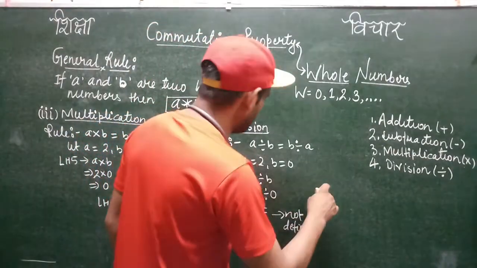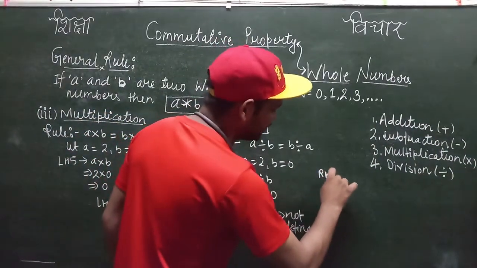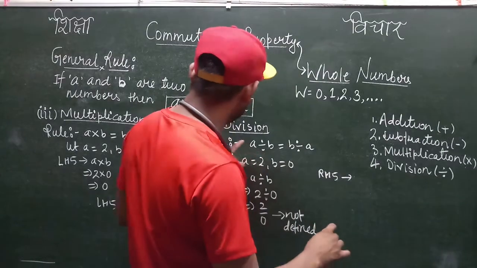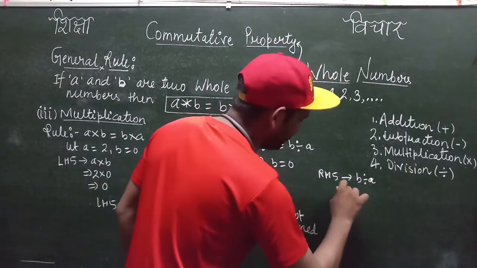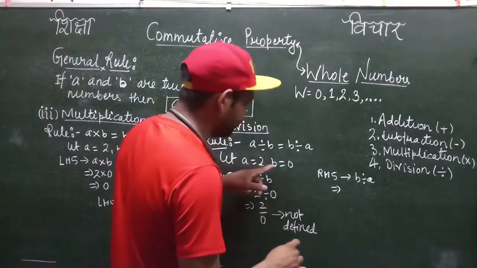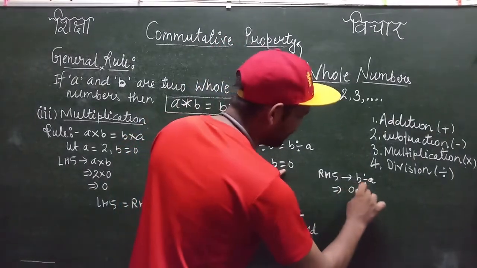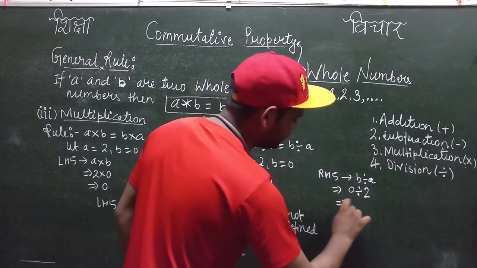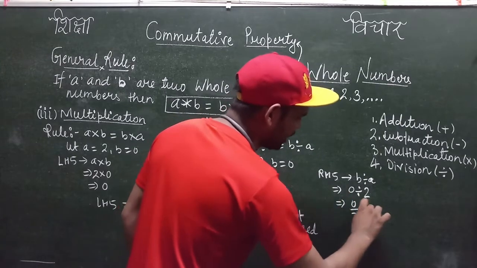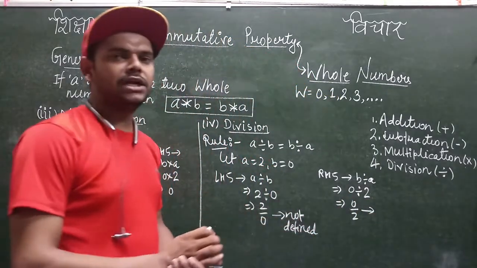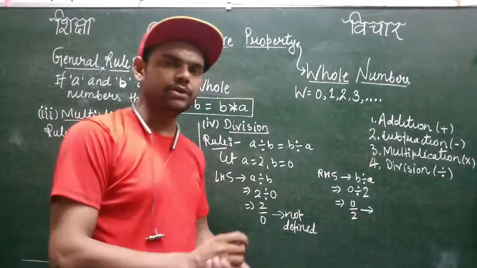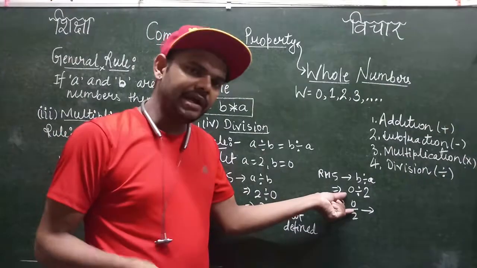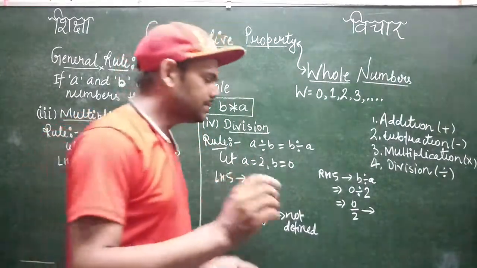Okay, now what is the right hand side? That is B divided by A. Put the values. What do we get? B is 0, so 0 divided by 2. Now again a result: whenever we divide 0 by any number, the result becomes 0.